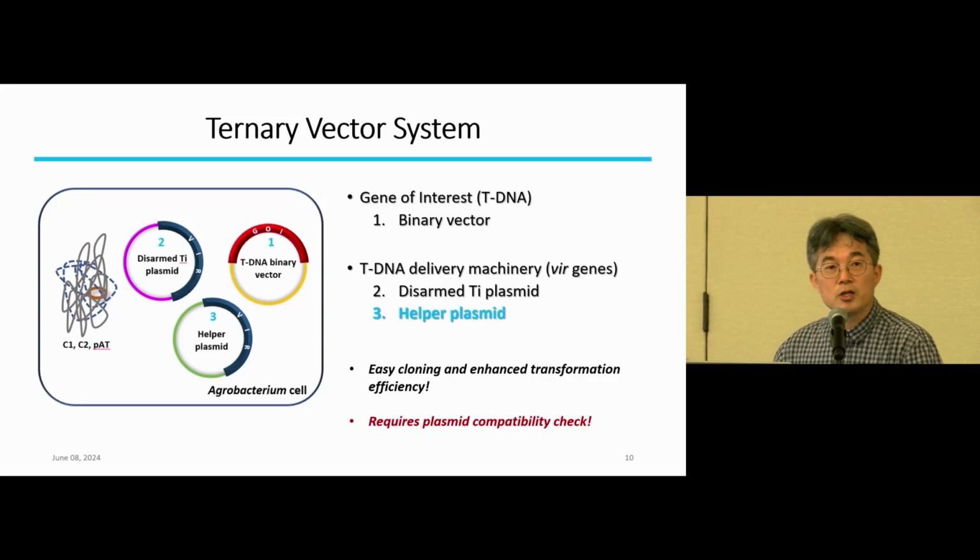Therefore, the ternary vector system has become really popular these days. At least we are using a ternary vector system and we don't have to encounter low transformation issues, at least with Biono4, for instance. So if you are experiencing the same problem, if DNA delivery is the bottleneck, then this ternary vector system will be very, very useful, by having a third plasmid on a compatible backbone. That's what I'm going to cover next slide.